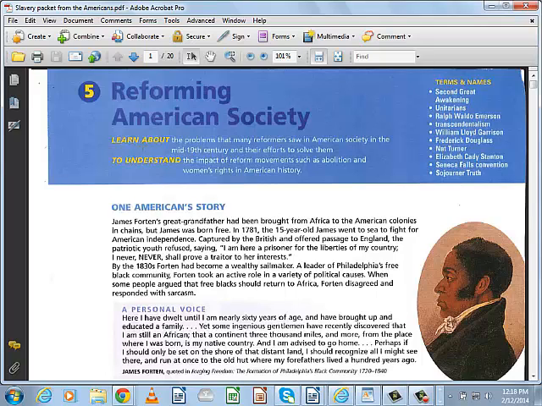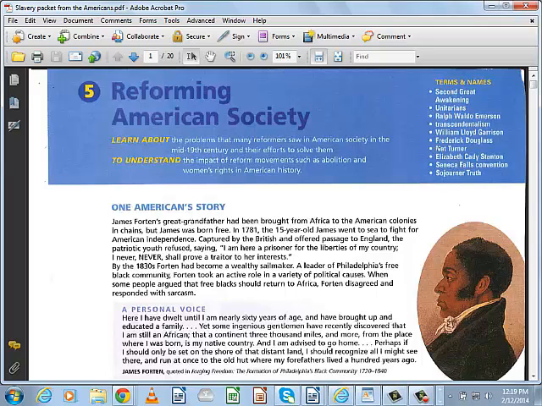We need to understand the impact of the reform movements such as abolition and women's rights in American history. Look over here, it's telling us the major terms and names that we should take note of in a chapter. So all of these things are cues to us that we should definitely be understanding and knowing these major concepts when we go to read this text.